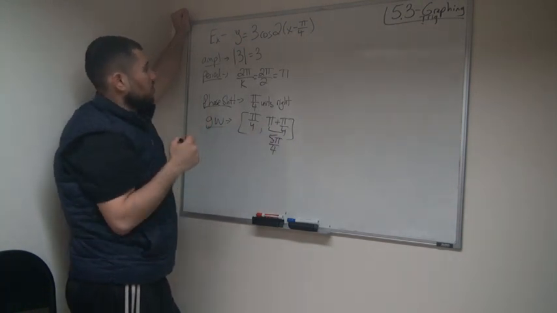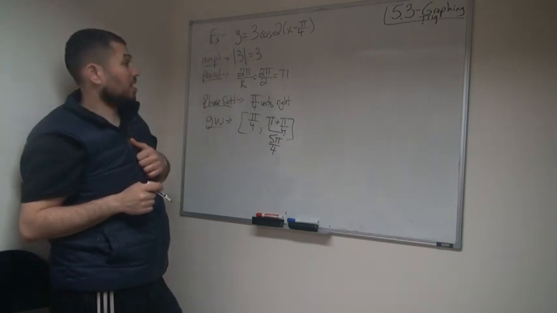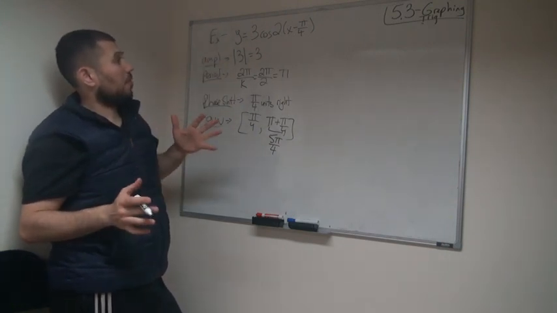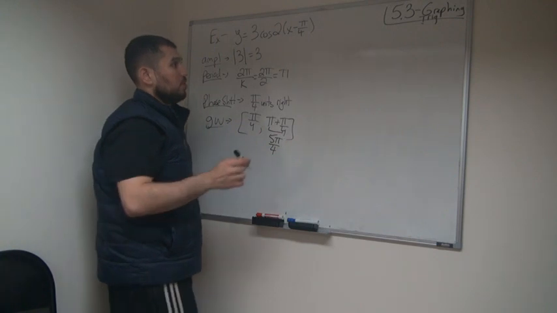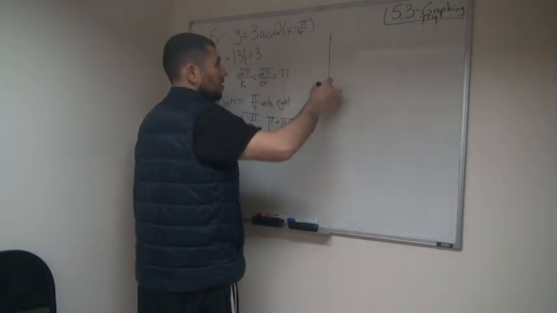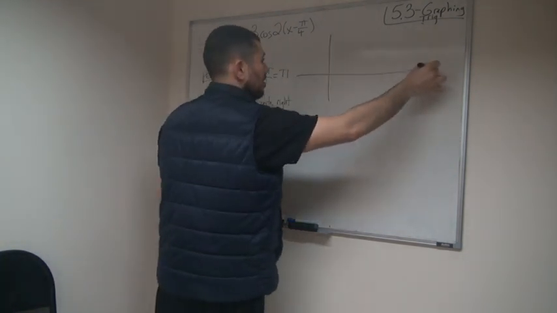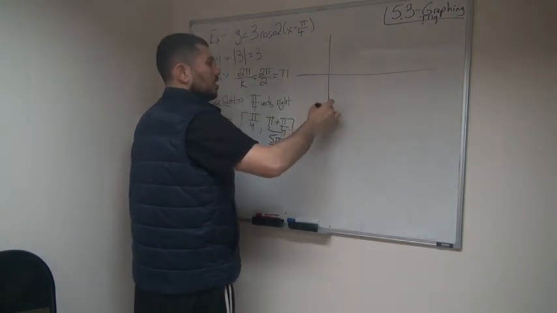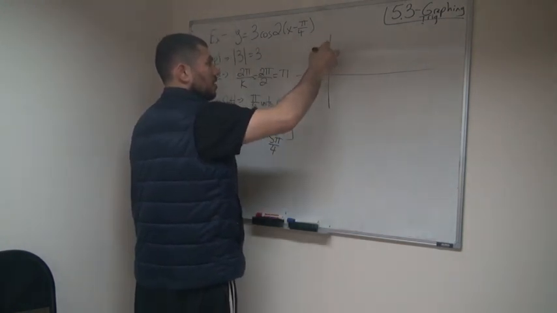Great. So that's a couple of points for each one of these steps. Now I want to see the full graph, the image. Show me what it's going to look like. Step 1. Let's put up a basic cosine function.